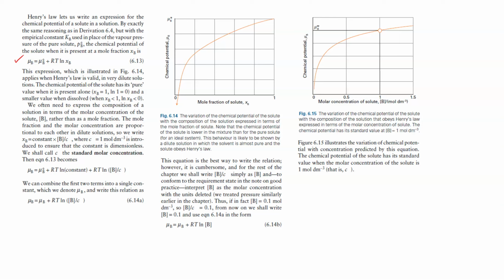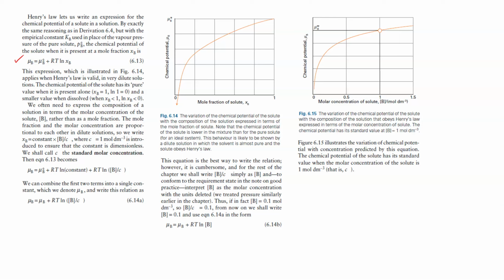We often need to express the composition of a solution in terms of the molar concentration of the solute B, concentration B, rather than as a mole fraction. The mole fraction and the molar concentration are proportional to each other in dilute solutions, so we write mole fraction of B equals a constant times the concentration of B over C, where C equals 1 mole per decimeter cubed.